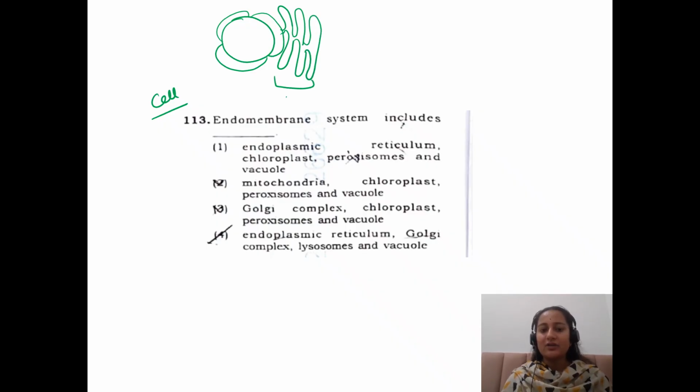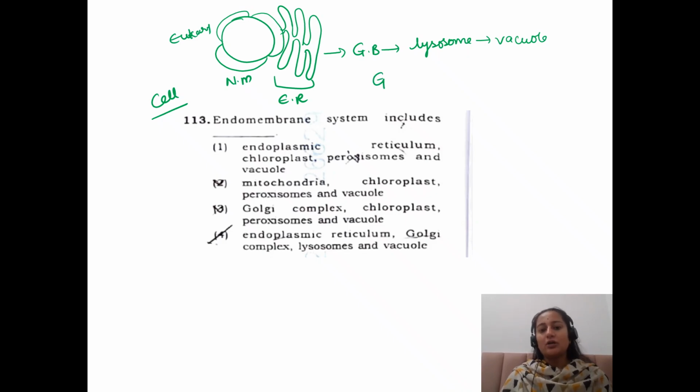Under this we have the rough and smooth endoplasmic reticulum. These form the Golgi bodies. Golgi bodies form the vesicles packed with digestive enzymes and also the vacuoles. All these four are formed from the nuclear membrane that can be seen only in eukaryotic cells.